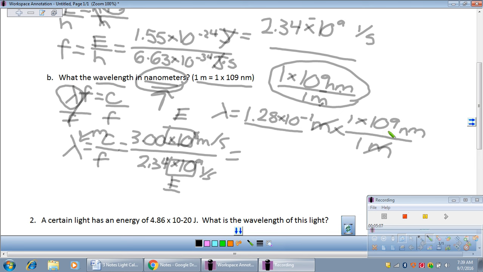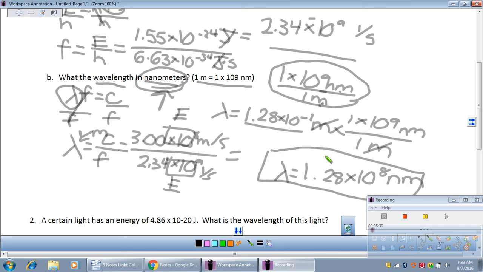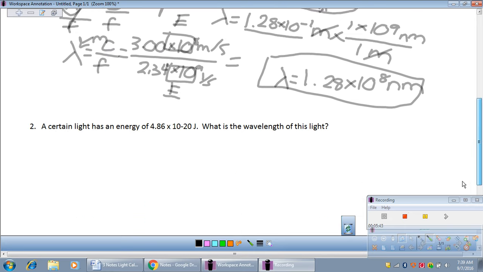Put that into your calculator, and then divide by 1, because that is the number on the bottom of this fraction. So our very final answer is 1.28 times 10 to the 8th nanometers. That is how we solve for wavelength when we have frequency.